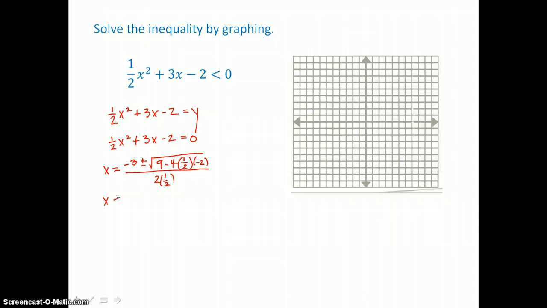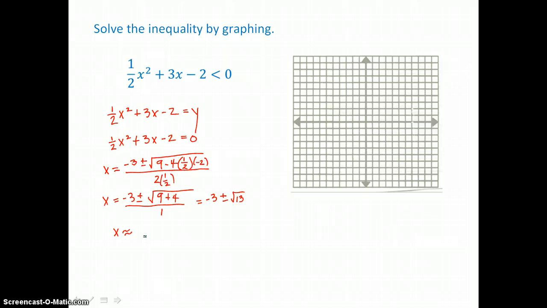So simplifying, I get -3 plus or minus the square root of... my two products underneath this radical are 9 and +4. In the denominator, I just have 1. So in the calculator, I'm going to put -3 plus or minus the square root of 13 in order to approximate these x-intercepts that I'm going to graph.